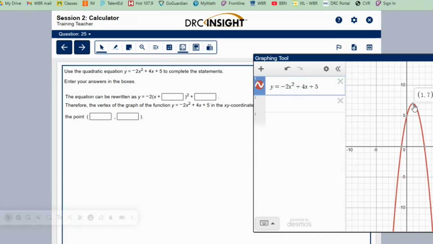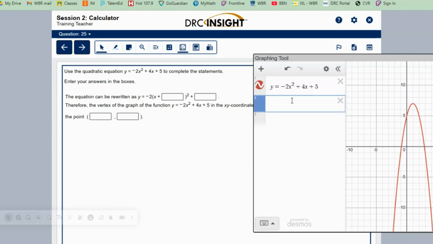So since I see that this vertex right here is at 1, 7, I think I need to be putting that into these boxes, okay? I'm going to try to see if I can come up with the equation for this that's the same. It's a negative 2 and then an open parentheses and x plus. That is part of what's written here. So I need to see what goes into this box.